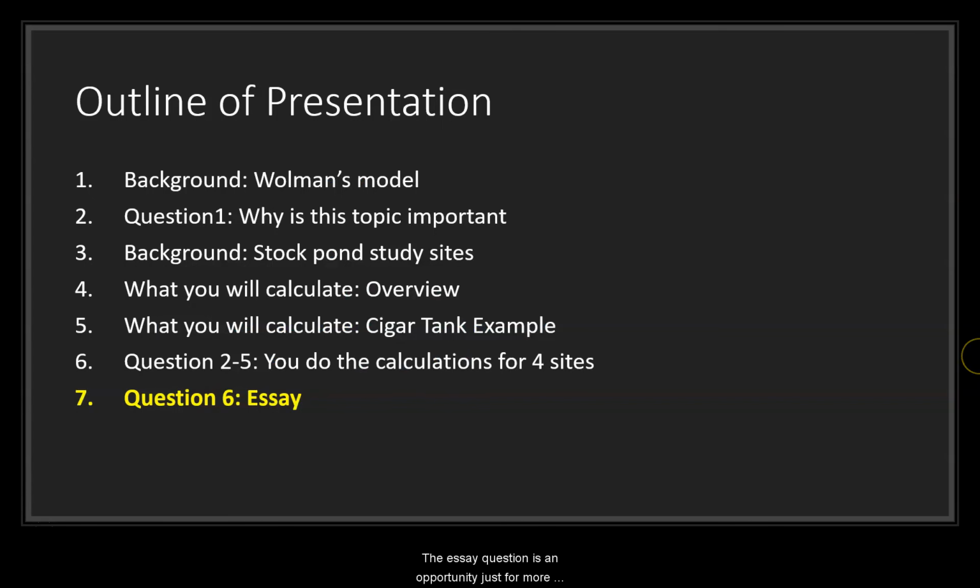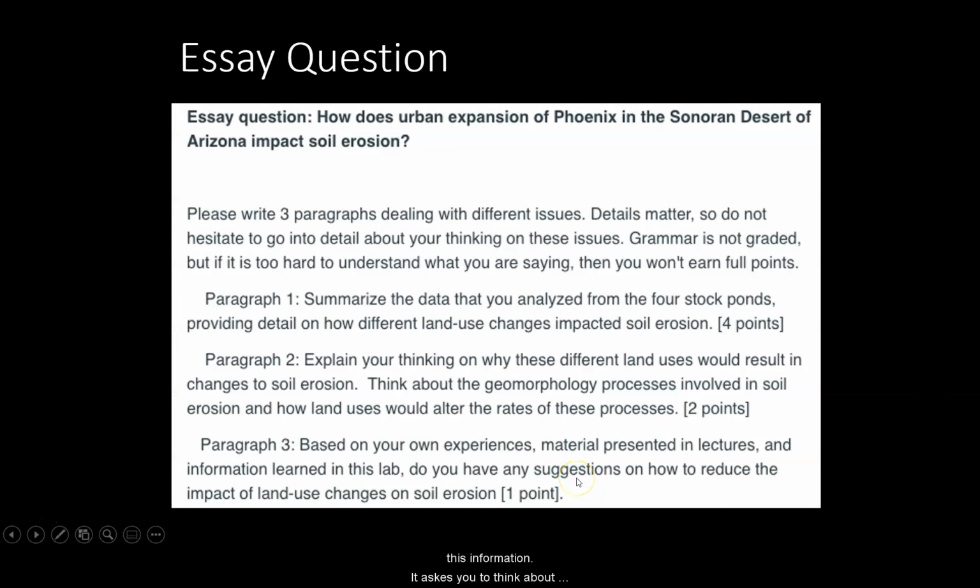The essay question is an opportunity for more points and for you to synthesize and bring together this information. It asks you to think about how the urban expansion of the sprawling Phoenix area impacts soil erosion in the Sonoran Desert.